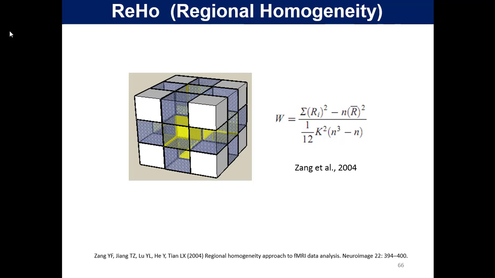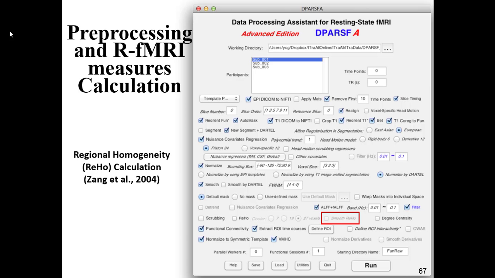But usually we know the 3D ReHo has some deficits. Like if this is a gray matter voxel, but this one is CSF, and that one is white matter, then it's not functional homogeneity. It's kind of a mix of lots of stuff. So when we introduce DPARSFA, then we will know the surface-based regional homogeneity will be better.